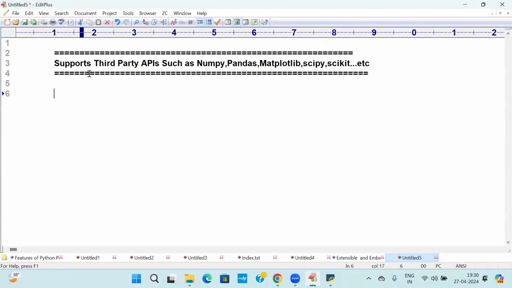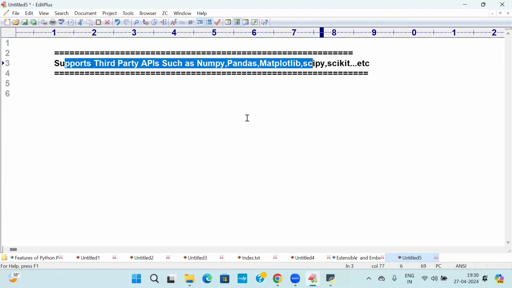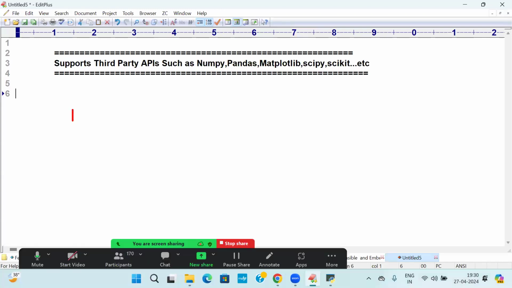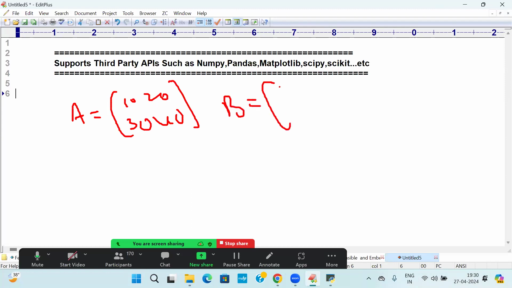Now you understand. Python supports third party APIs like NumPy, Pandas, Matplotlib. What is the specialty of NumPy? See, if I take A equal to 10, 20, 30, 40. What is this in your mathematics? Matrix. And 3, 4, what is this now? Matrix. Find A plus B. You will write the code in C language, how many lines? 35 lines.